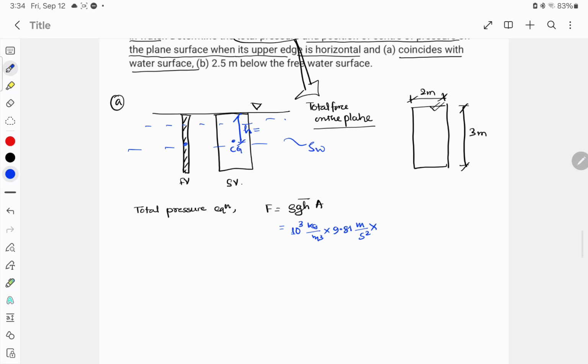H bar will be 3 by 2, that is 1.5 meter. Area is 2 into 3, that is 6 meter square. When you calculate it, it will come out to be 88290 Newton.